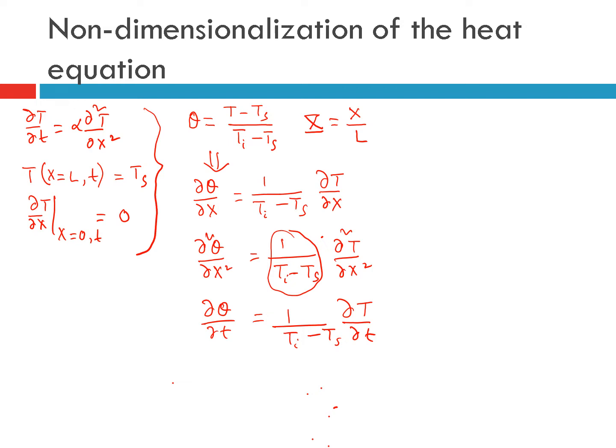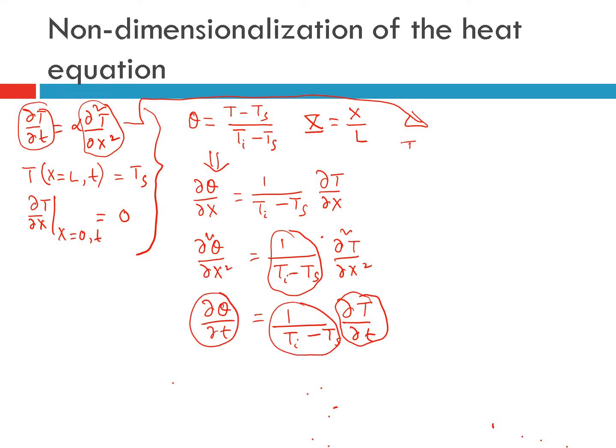We're going to plug in for del T and del square T del x square. So del T is equal to this thing times del theta del t.